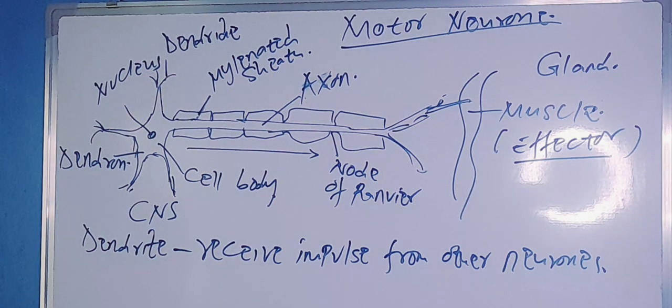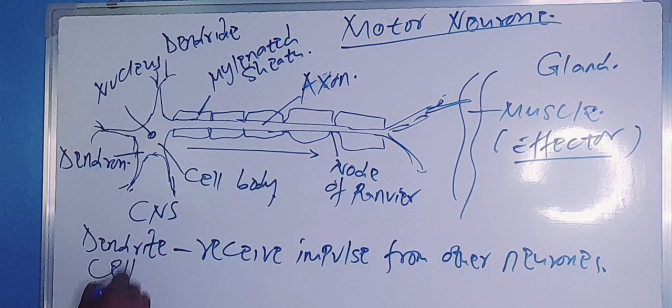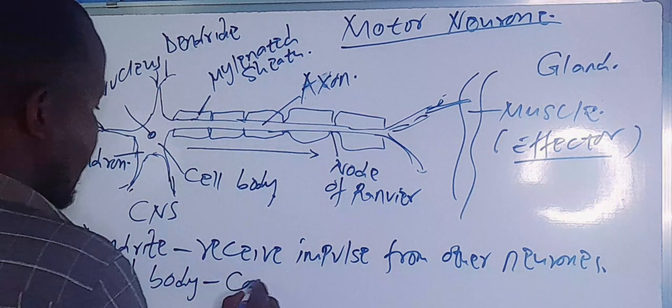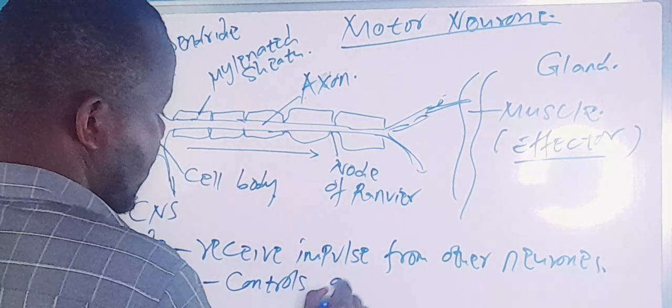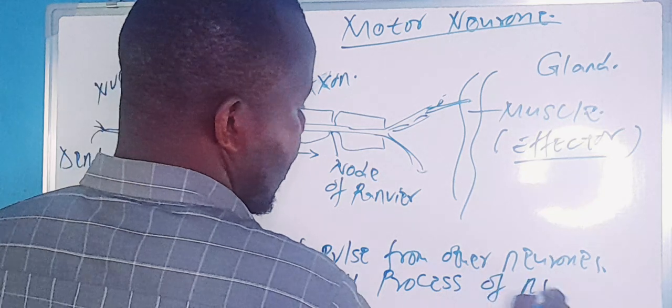Then we have the cell body. The cell body controls all the processes of the neuron. And why are we saying this?